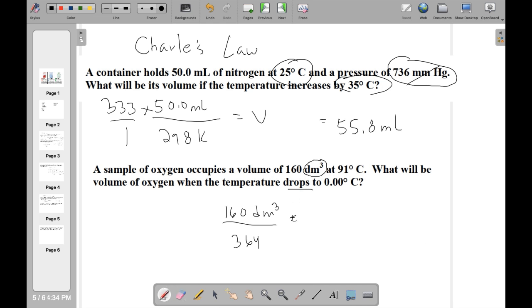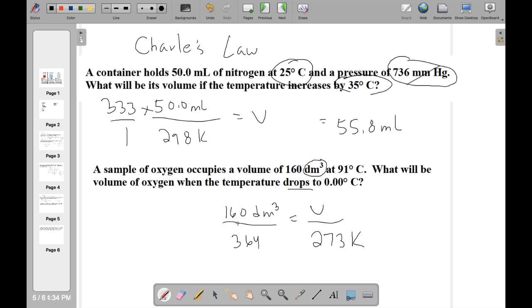Okay. What will be the volume of oxygen when the temperature drops? So we don't know the volume. The temperature is dropping to 0 Celsius. Well, 0 Celsius is 273 Kelvin. So I need volume on one side.